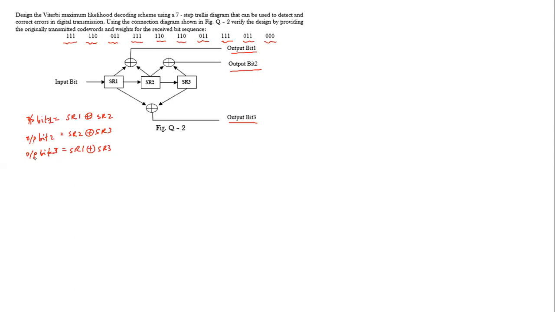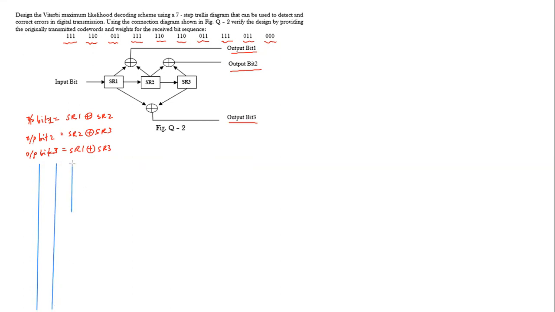Let's change this color. Okay. So let's say we have this. This should be sufficient. Let's come up with this first. Have this one, states. Okay. And we have our shift registers. We have about 3 shift registers.